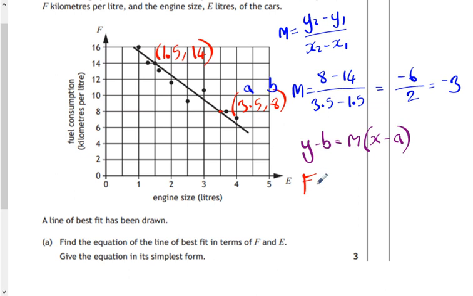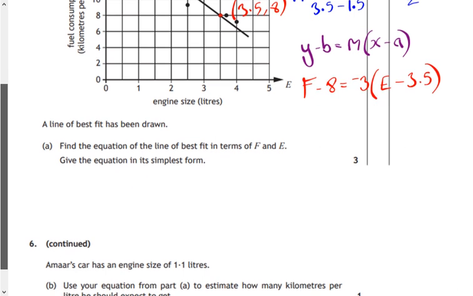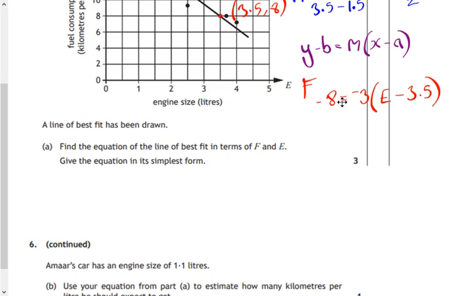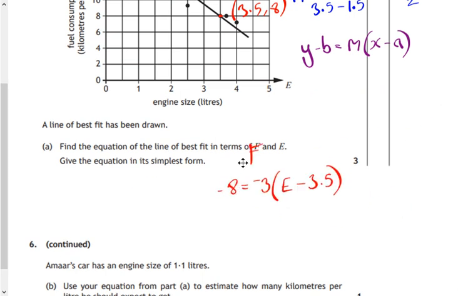So F minus 8 equals negative 3 times E minus 3.5. Now I'm going to move this down slightly so I'm not writing over that double line over there.